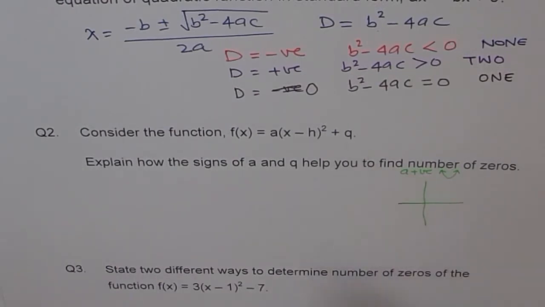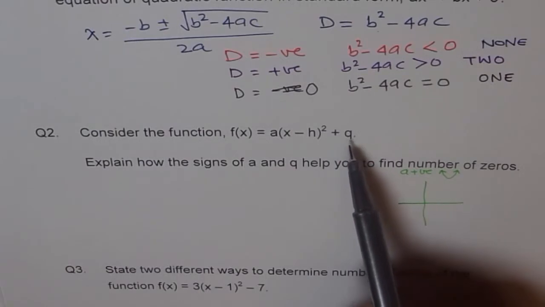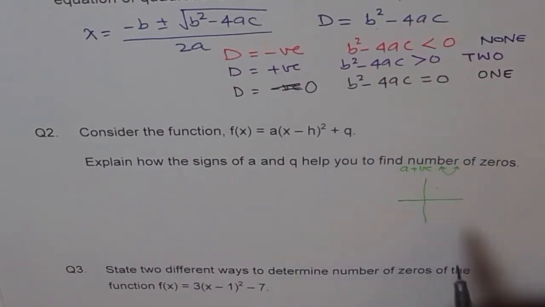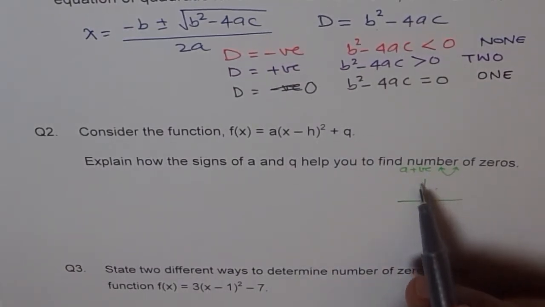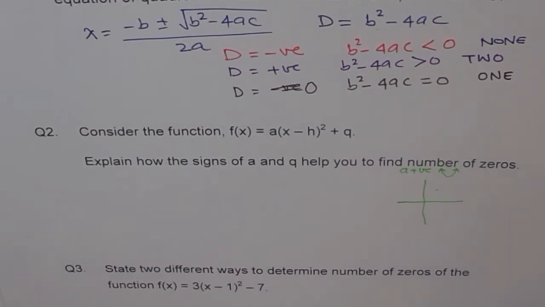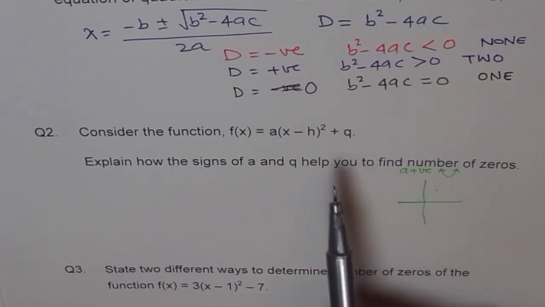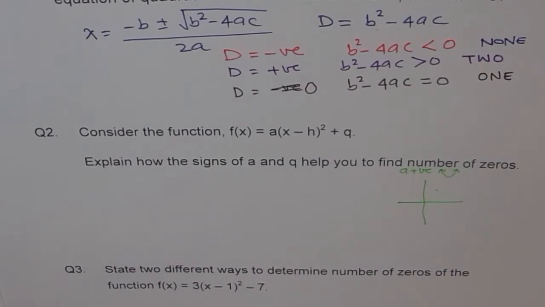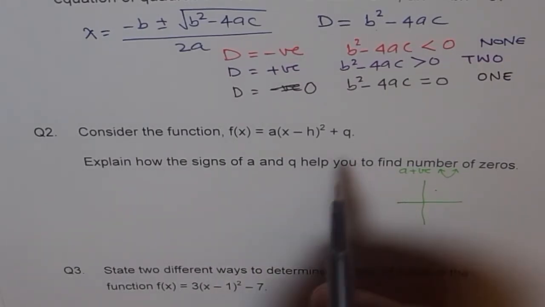Now q we have to see. If q is also positive, that means q is here, and the graph going up means no real solution, correct? But if q is negative, then two, and if q is 0, then one. Is it okay? Well, if q is 0, then it is in any case one solution. So let me write that first.